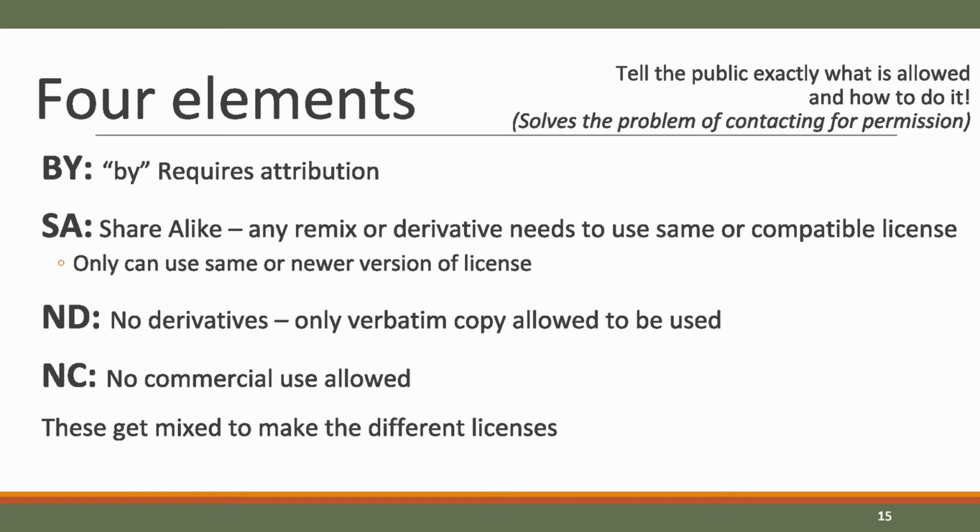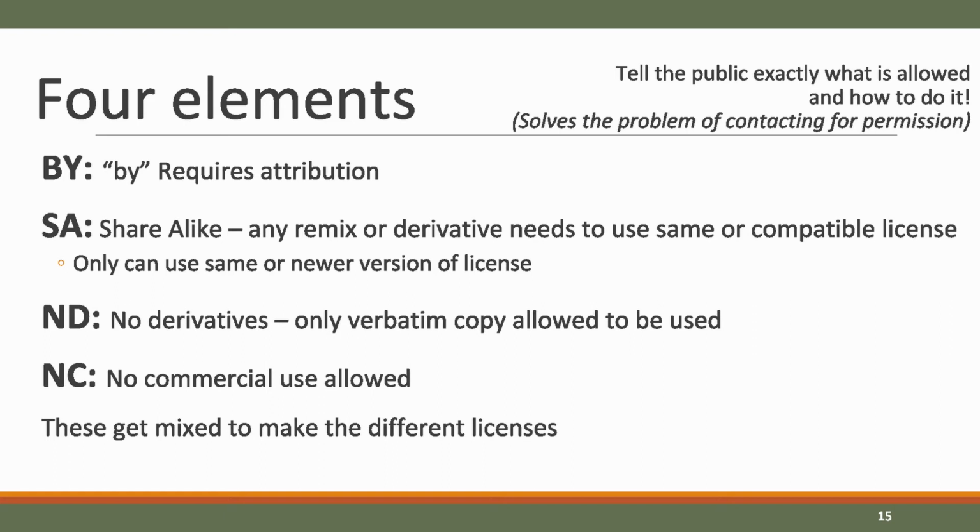So BY is saying, I'm letting other people use this, but you need to cite me. You need to give me credit for doing the original work. Share alike, SA, is saying if I'm giving it away for free, you're allowed to use it, but whatever you use it in also must be free. ND is no derivatives. That's saying I'm letting you use it, but you can't change anything.